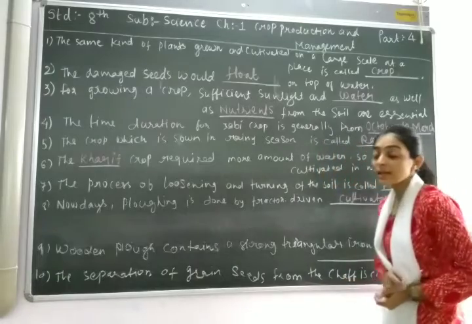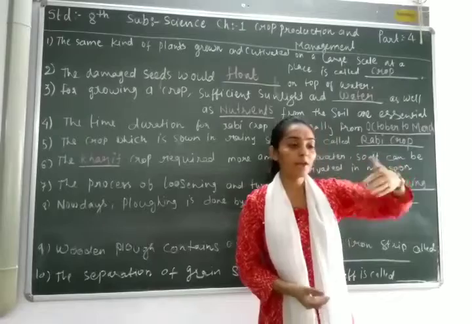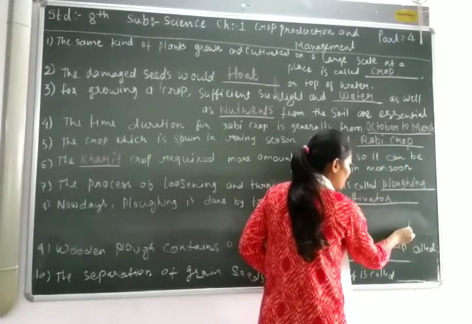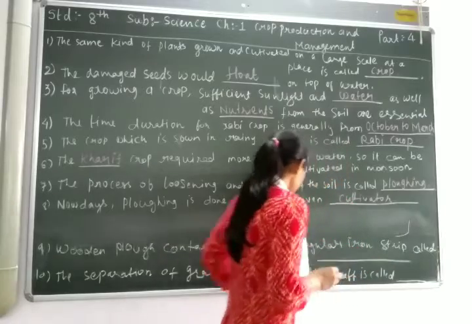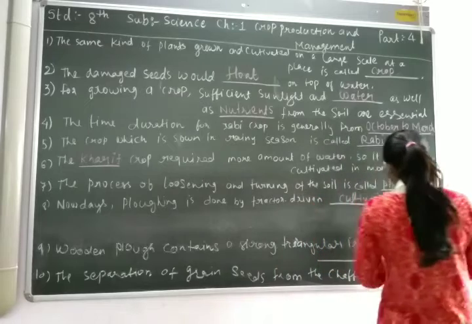So you have seen in your textbook a picture is given, a triangular shape, something like that. So a wooden block contains a strong triangular iron strip.